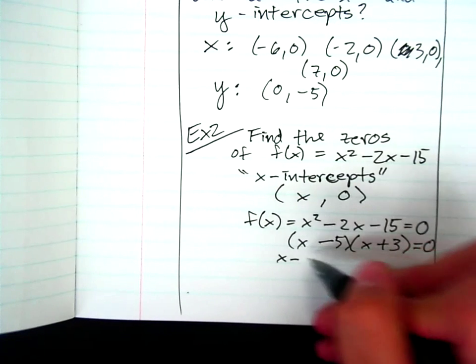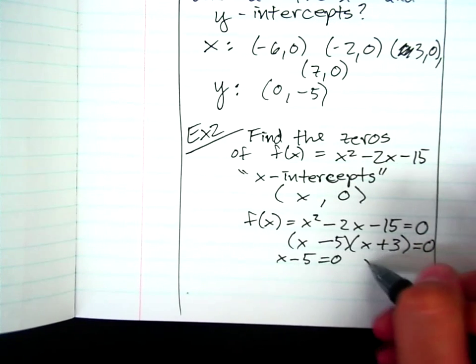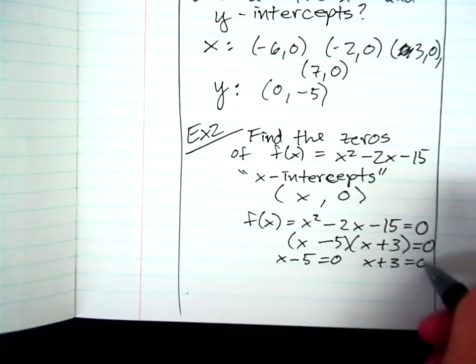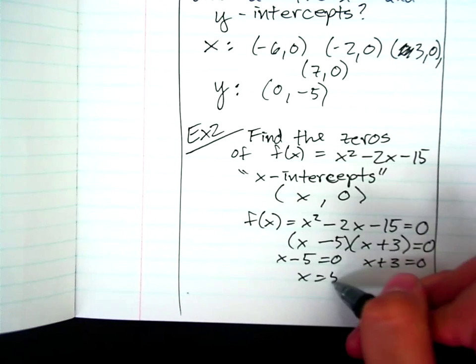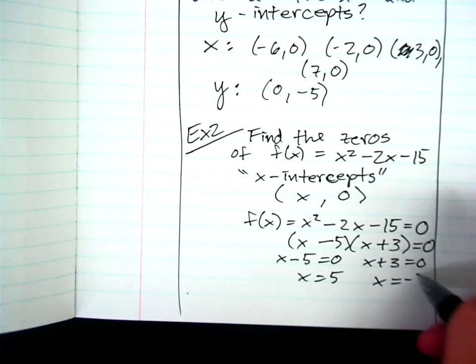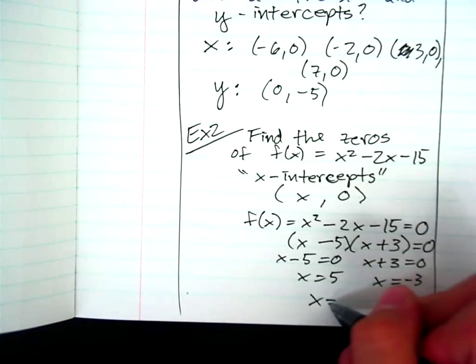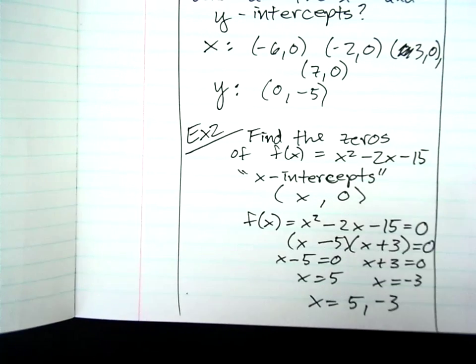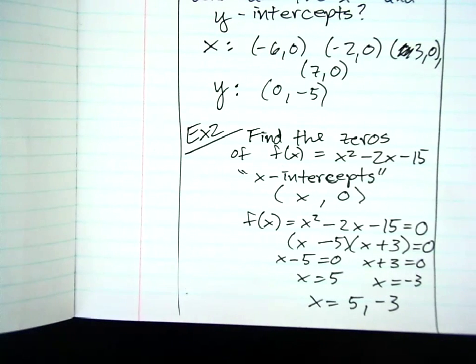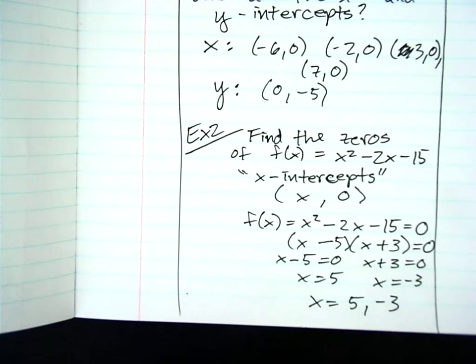After that, you set each one of those terms equal to 0 and solve for x. So here you get x equals 5 and x equals negative 3. So the zeros for my function are going to be x equals 5 and negative 3. Alright, so that's all it takes to find the zeros when you're given a function.